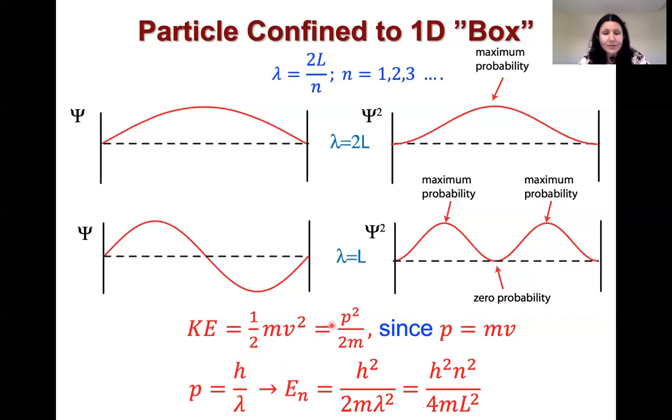You give it some speed, that speed can be continuous, so you can have continuous values of kinetic energy. But what this equation is telling us is that's no longer true. Energy is discrete, and it goes up by these discrete values of this integer. In this case, for a particle confined in a 1D box, it goes as n squared.